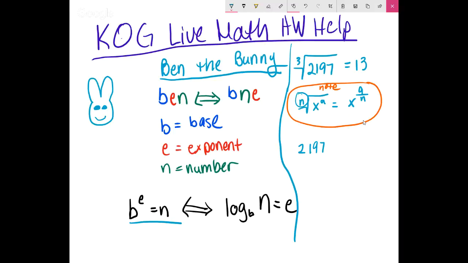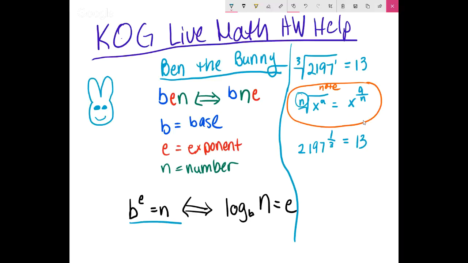Well, I don't see an exponent. So that automatically means that the exponent is 1. We call that invisible math. So awesome. Like I said before in the note, the a, which is the exponent inside, goes in the numerator of the new exponent. So our exponent inside is 1, and the index on the outside goes in the denominator. So this is 2197 to the 1/3 power, still equals 13. Okay, cool.